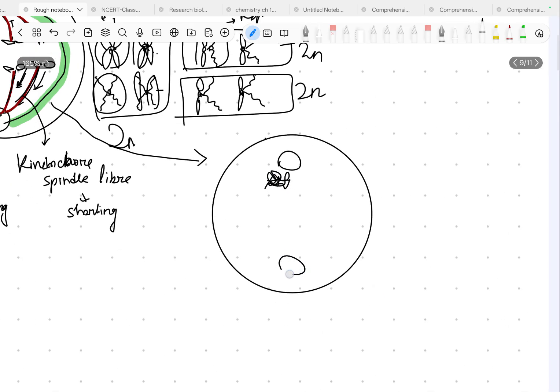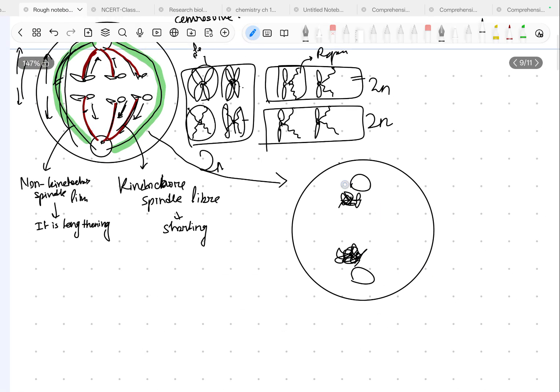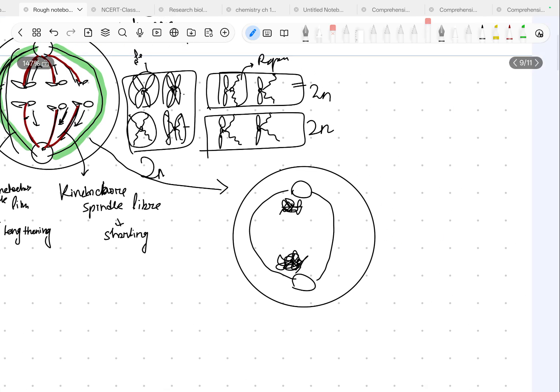After pulling, it will become the chromatin form. Okay, it will become the chromatin form, and the non-kinetochore spindle fiber will slowly disintegrate. It will disintegrate like this, slowly.